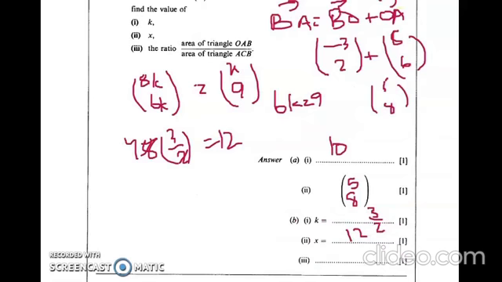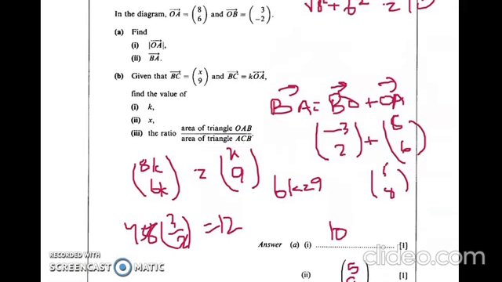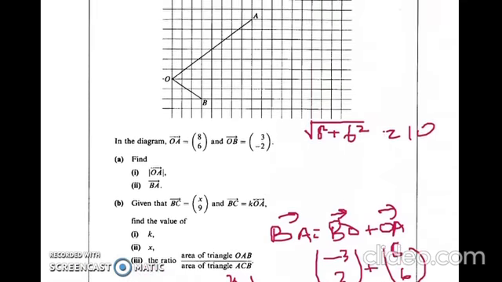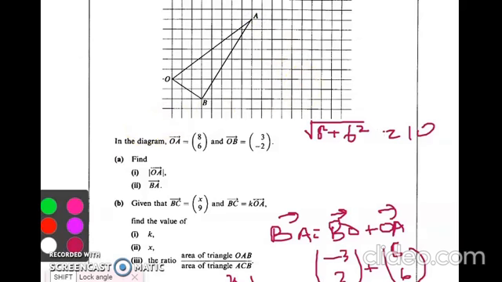Alright, so first of all, let's construct both the triangles so we have an idea about the areas. Okay, so OAB, let's just join this line. This is triangle OAB. Now we will come towards triangle ACB.